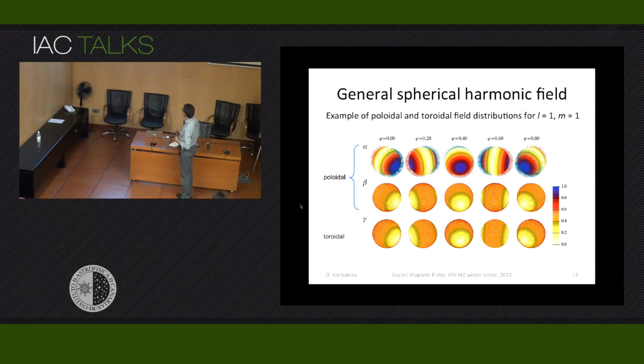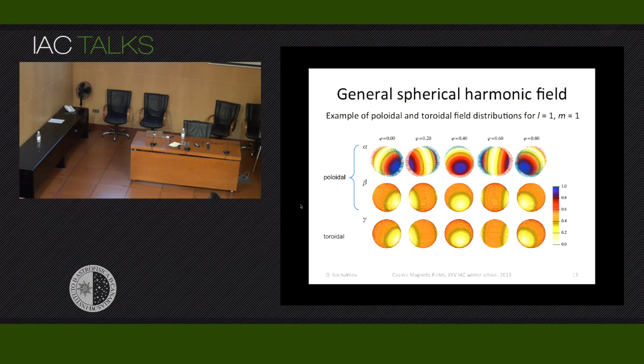And just to give you a graphical illustration of what is meant by poloidal and toroidal fields, for one particular combination of L and M, angular degree and azimuthal number of spherical harmonics, I plotted the surface distribution of the field. The background image corresponds to the strength, and there are also vectors corresponding to field orientation.